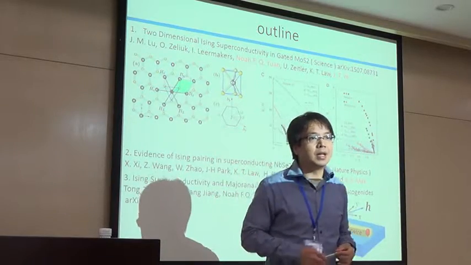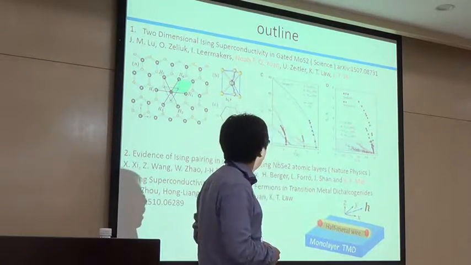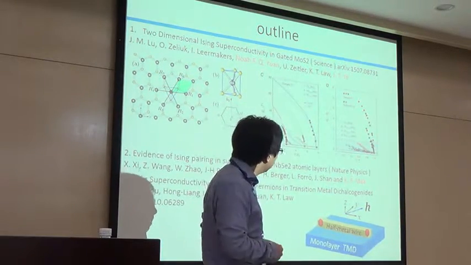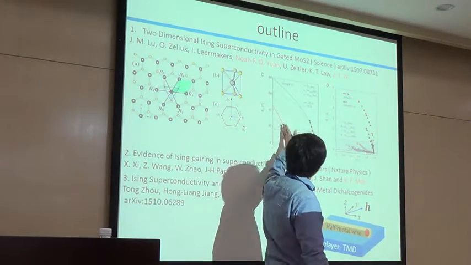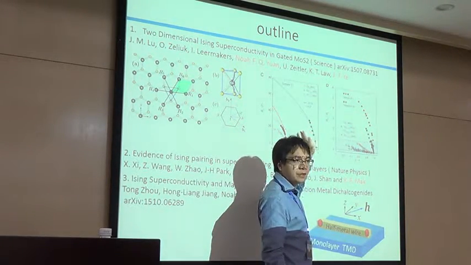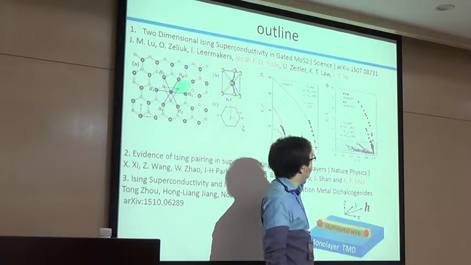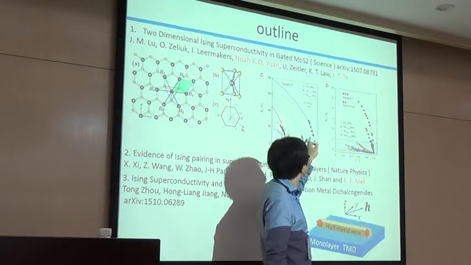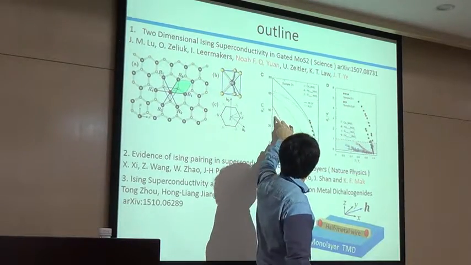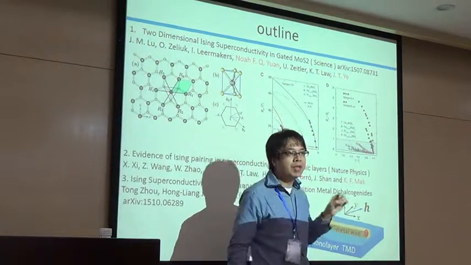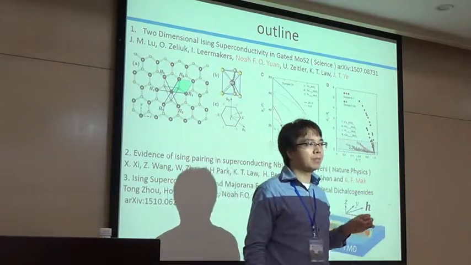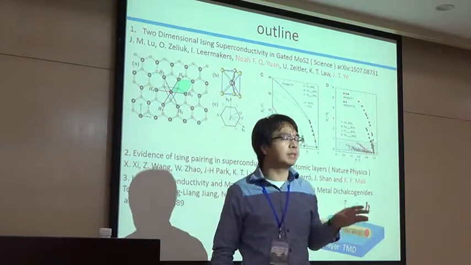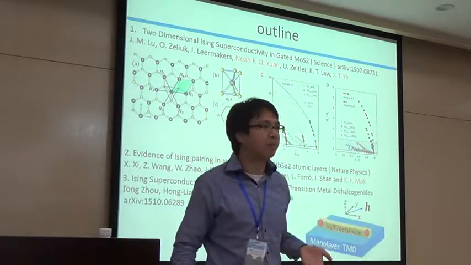What is amazing is that recently, my colleague in the Netherlands measured this upper critical field, and he realized that it can be very high even at rather high temperature. This is the highest magnetic field they can apply, which is about 37 Tesla, the highest static magnetic field one can apply in the lab.